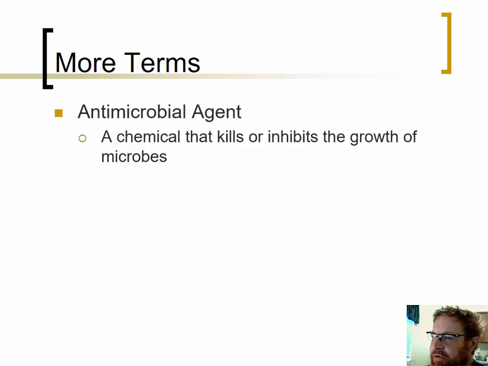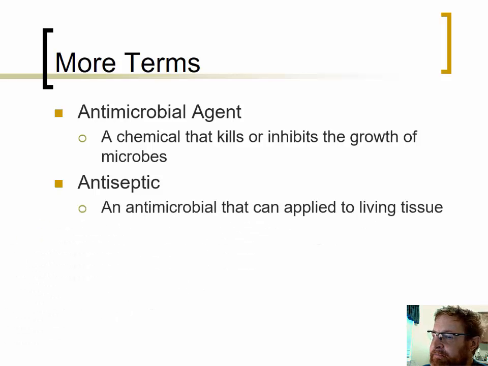Okay, a few more terms. An antimicrobial agent is any chemical that will kill or inhibit the growth of microbes. Antimicrobial agent is a broader term, and is anything that will kill or inhibit the growth of those microbes.